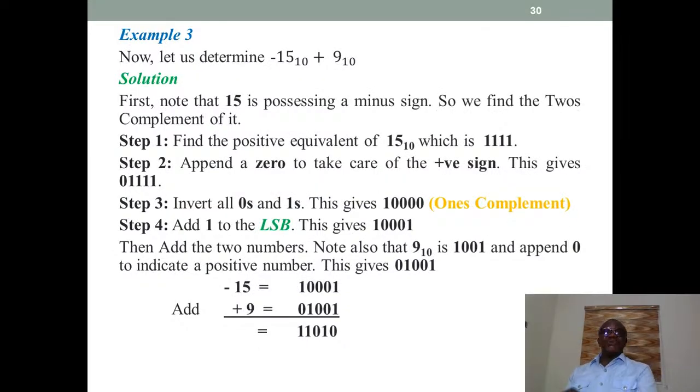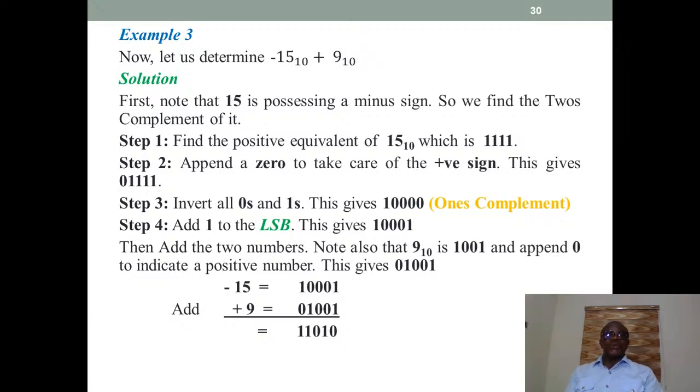Quickly, let's do the reverse of that. The computer is now looking at to solve minus 15 in base 10 plus 9 in base 10. Just like before, we know that 15 is possessing a minus sign. So we find the 2's complement of it. Step 1, we find the positive equivalent of 15, which is 1111.